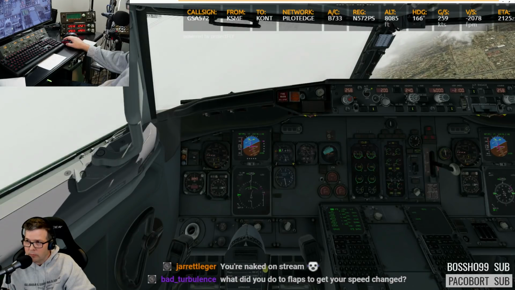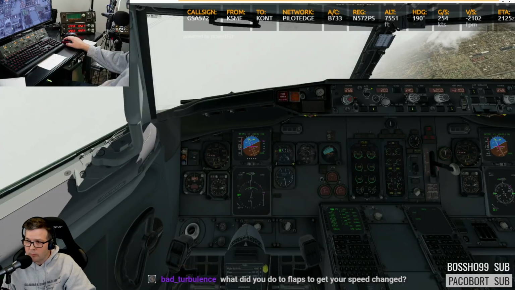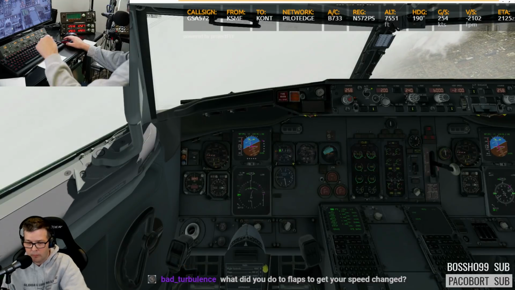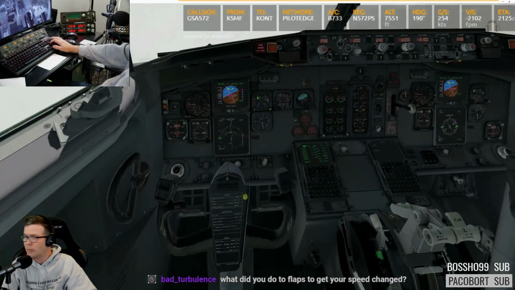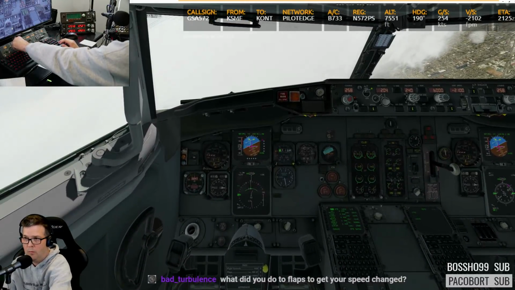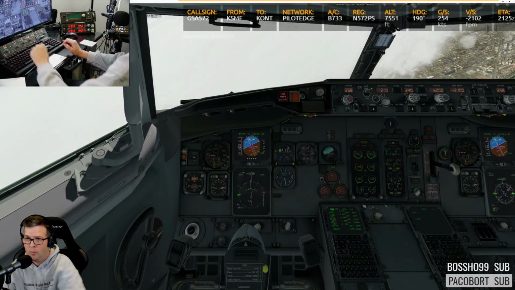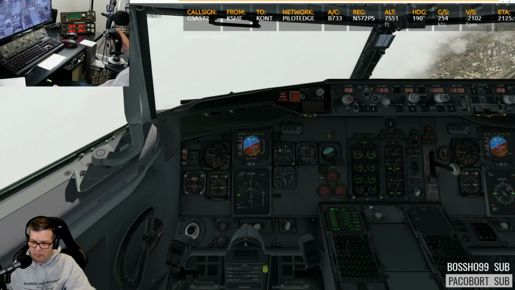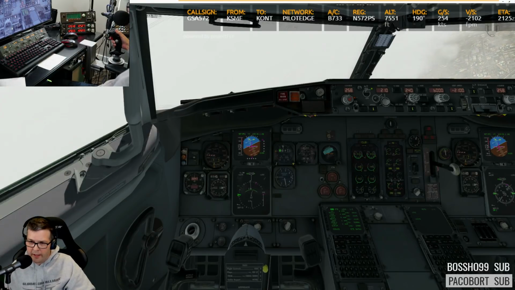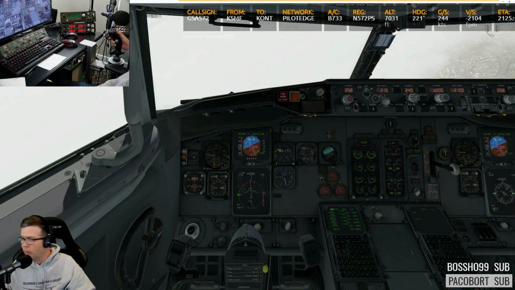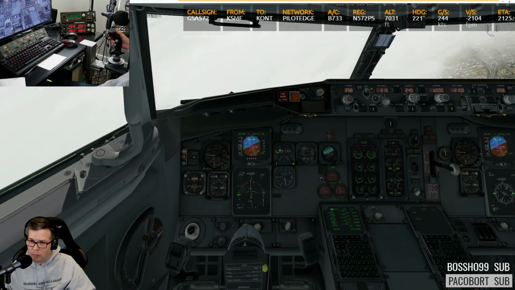Santa Maria approach, November 9751, this is Cessna 172, requesting flight following. Global 572, are you receiving the localizer yet? Negative, Global 572. Actually, we got the loc now, Global 572.